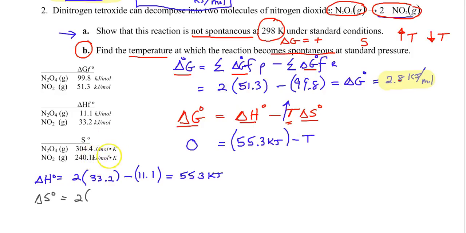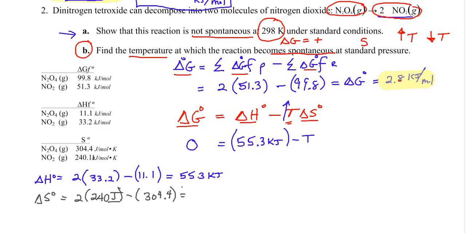So this is joule per mole kelvin, not kilojoule. So let me just wipe that away. So for NO2, that should be 240 joule per mole kelvin, minus the 304.4. And I will say again that my worksheet has kilojoule here. It's both joule per mole kelvin.